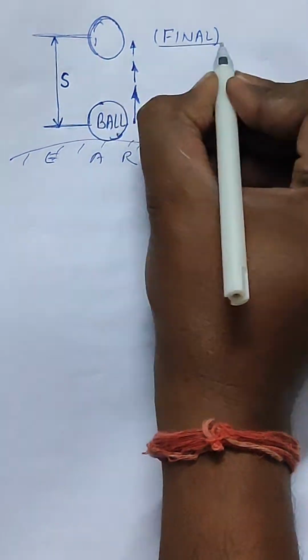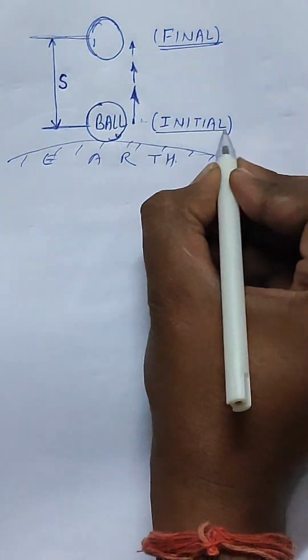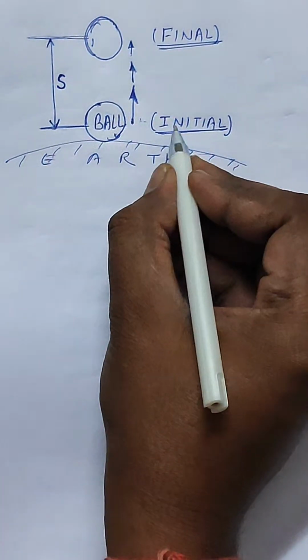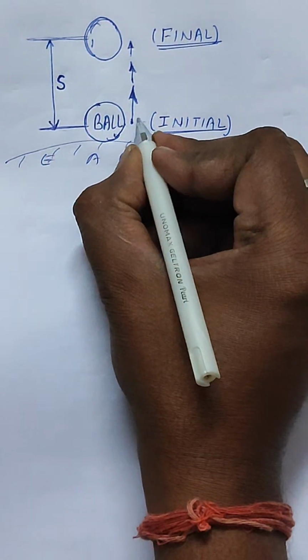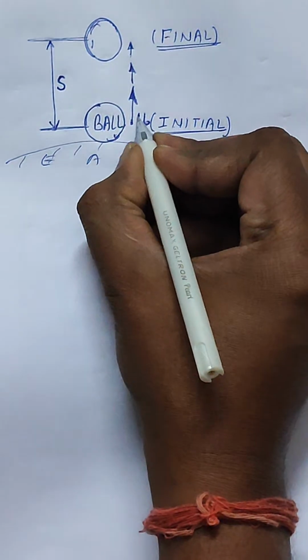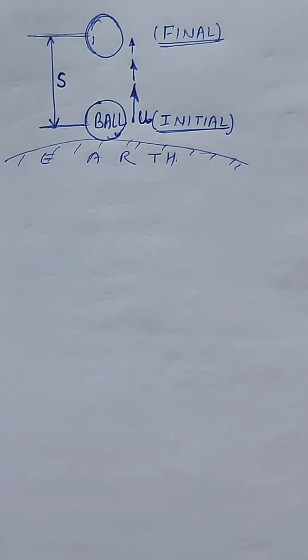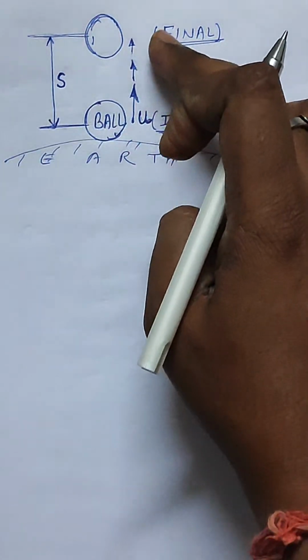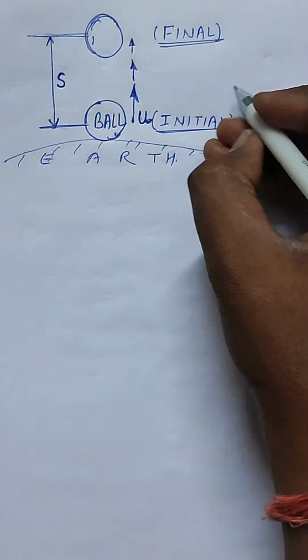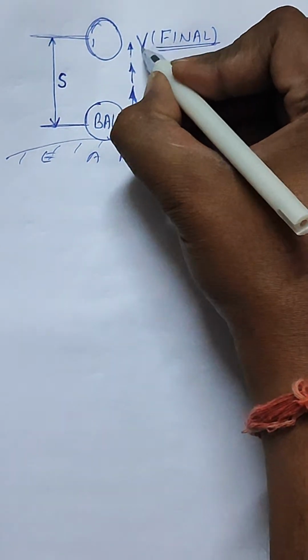We know the concept that for the initial position there will be an initial velocity, represented by a small u. And when the ball reaches the final position, it has velocity v.